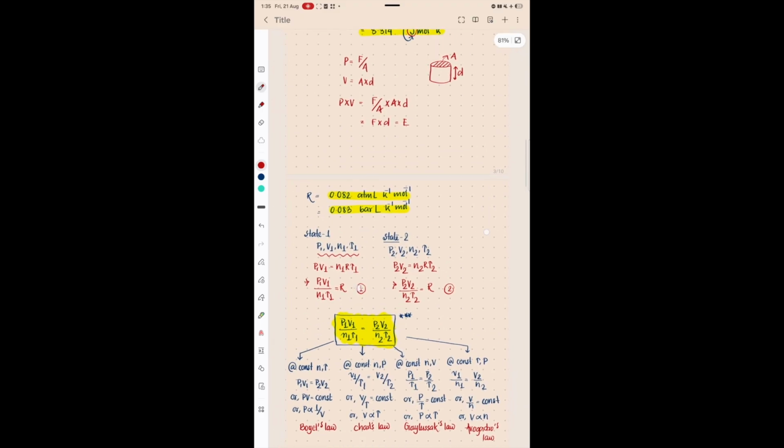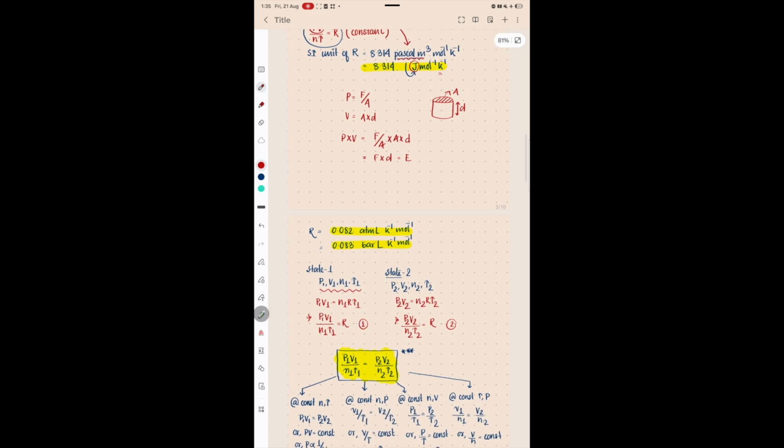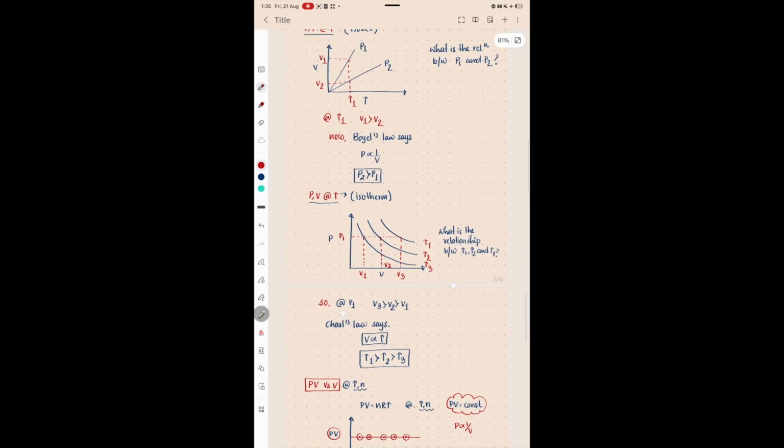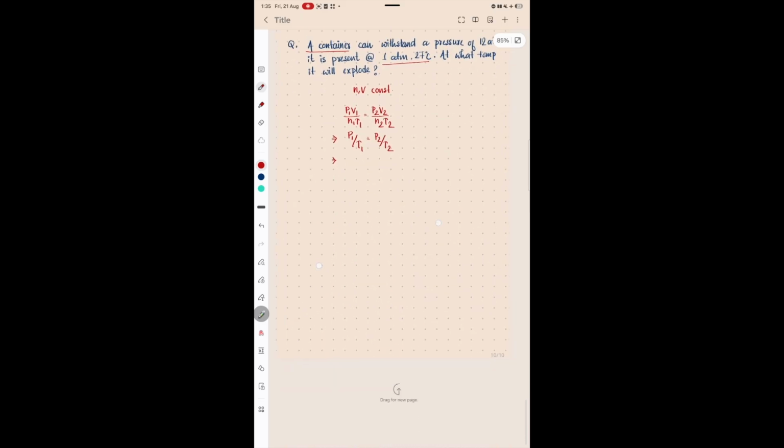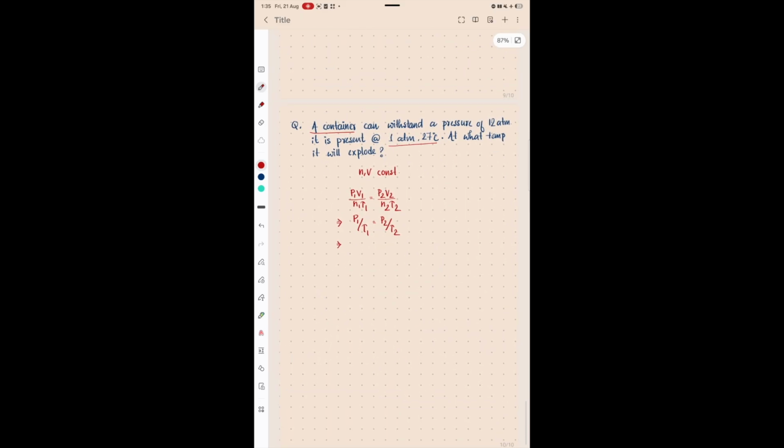So I will request you to make a practice of always using the temperature in Kelvin when you are solving gaseous state or thermodynamics problems, right?